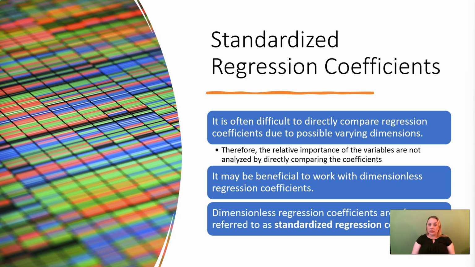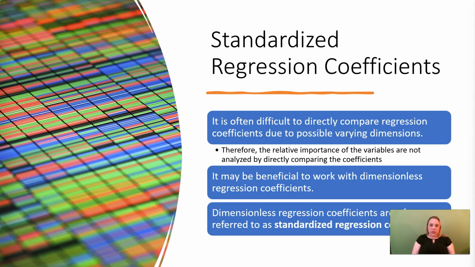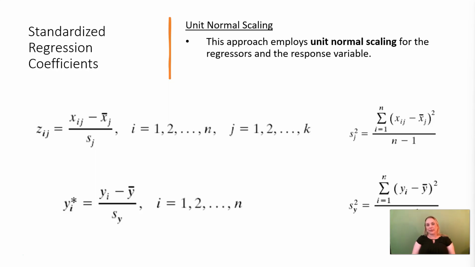So the betas allow for this discrepancy in the scales of your data to be compared. So therefore, the relative importance of your variables is not being analyzed directly when you compare these coefficients. And so standardizing your regression kind of takes that dimension out.